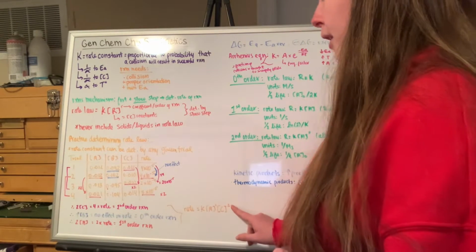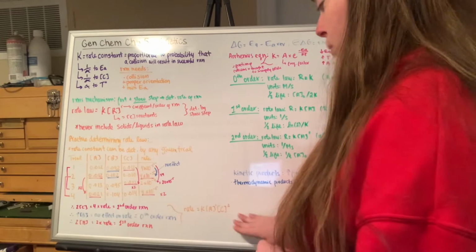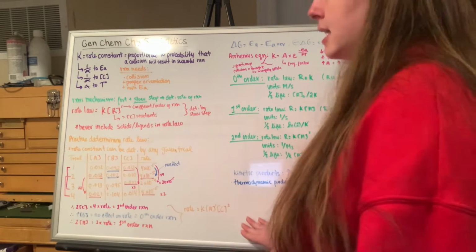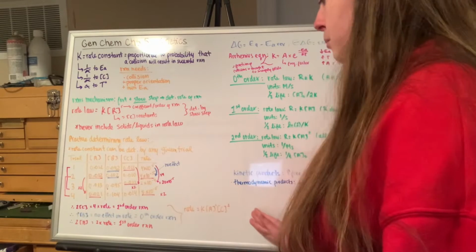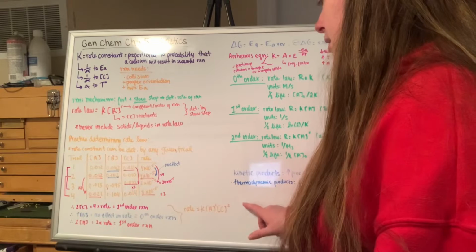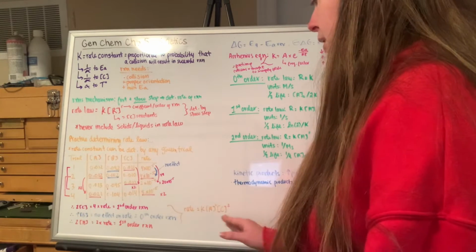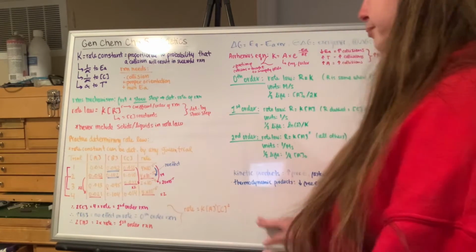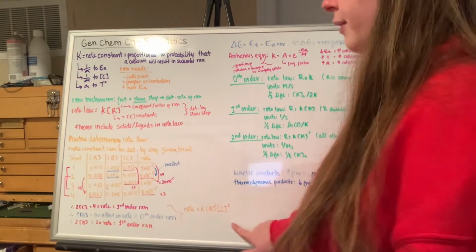We would normally include B, but because it is a 0th order reaction, that would not play a part in our rate law, right? Because you'd have concentration of B to the exponent 0. So we know that wouldn't affect this rate law here. So this is our rate law for this question.